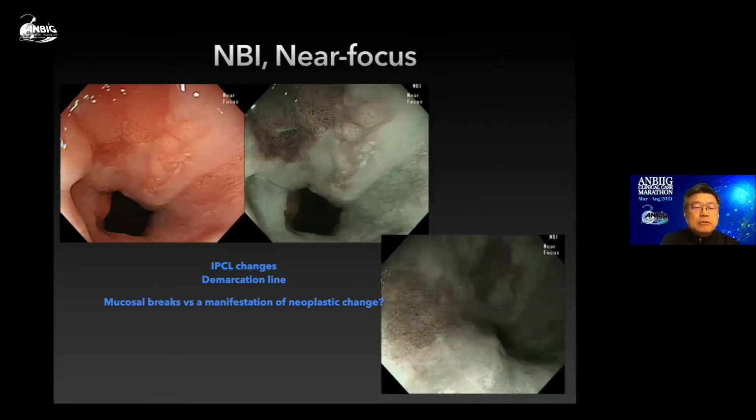This picture is the near focus view with ANBIIG. From the near focus view, you can see very faint IPCLs, not detailed structures, but you can see the spot dots. And here is a synchronous lesion.